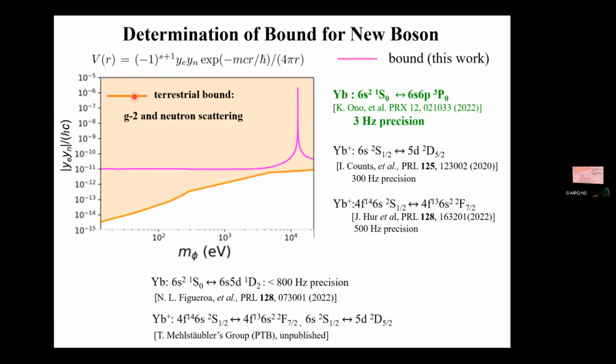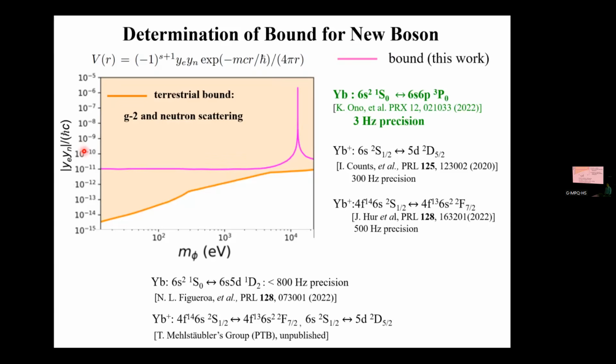So the coupling constant is the product of the electron Yukawa coupling and the neutron Yukawa coupling. Okay, thank you.